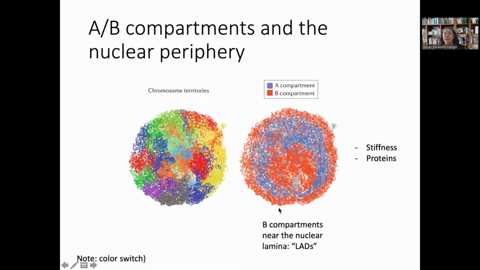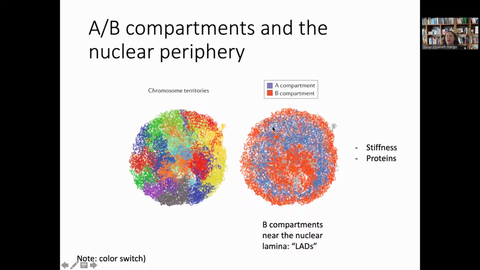And what gets them here is partly the configuration of the DNA itself. You know, it's a little bit stiffer, a little bit maybe more rod-like. But in particular, there are proteins that span from the DNA to the lamina and keep the silent regions associated with the lamina. So that gives one some organization right there.